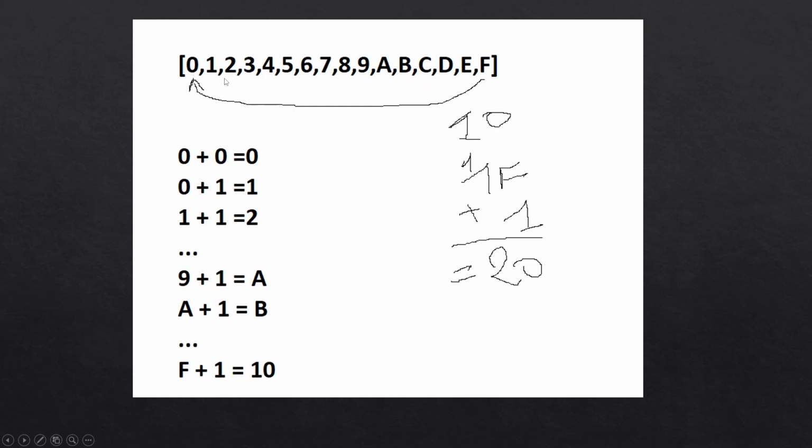We have this set of symbols from 0 to 9, and from A to F. 0 plus 0 is equal to 0, 0 plus 1 is 1, etc. But 9 plus 1 equals A, because the next element after 9 is A. It's not 10, it's A. And A plus 1 is equal to B. So we keep increasing, and for example F plus 1 is 10.